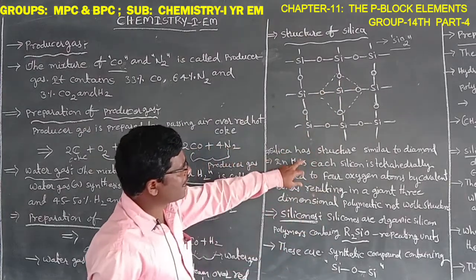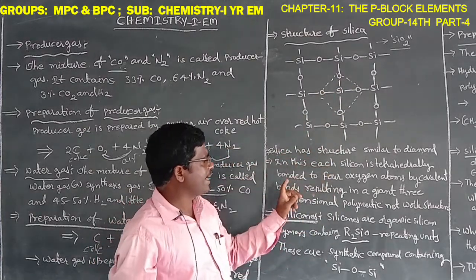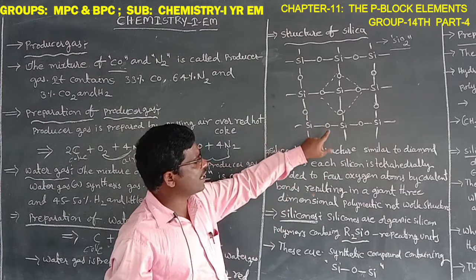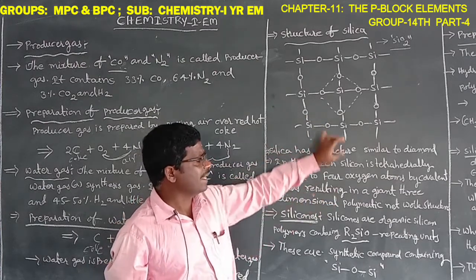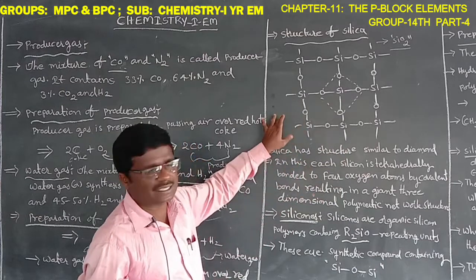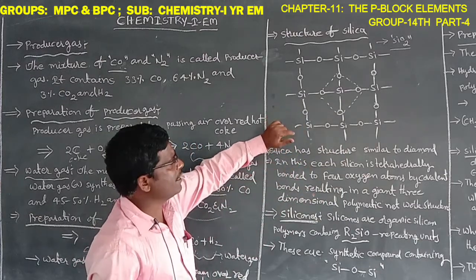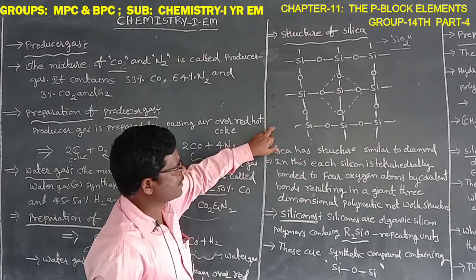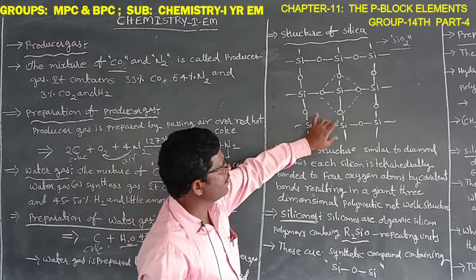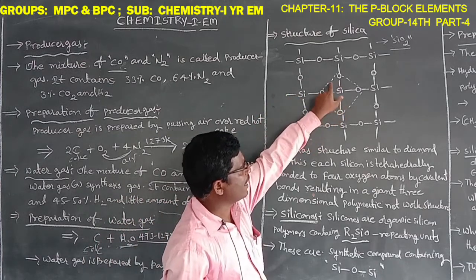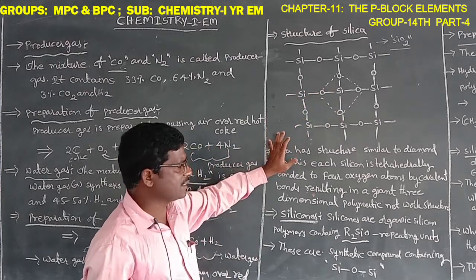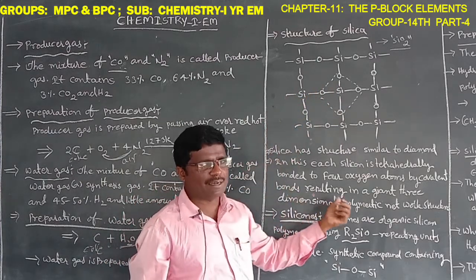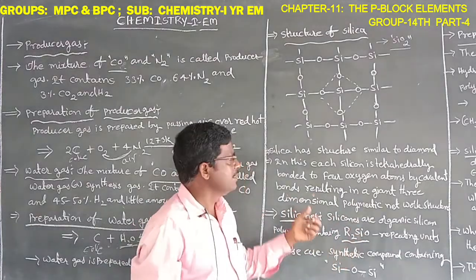So in this, silicon is tetrahedrally bonded with 4 oxygen atoms by covalent bonds, resulting in a 3-dimensional polymeric structure.